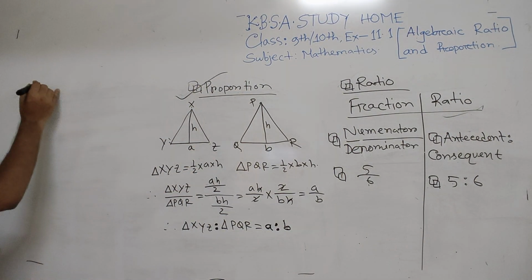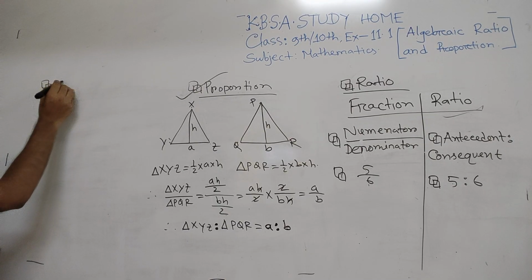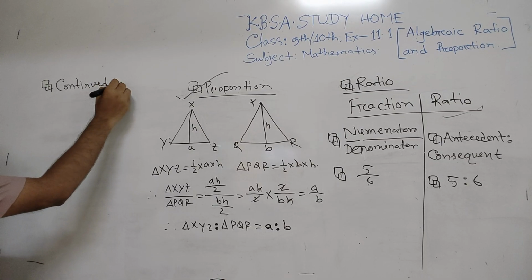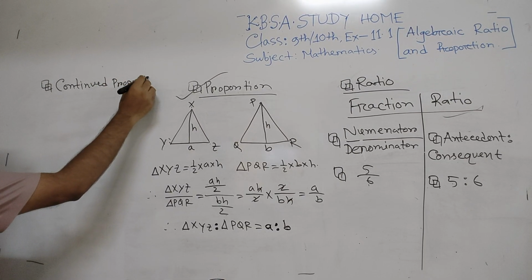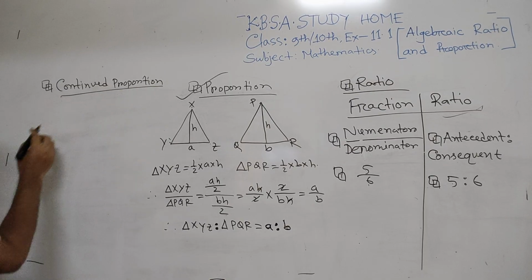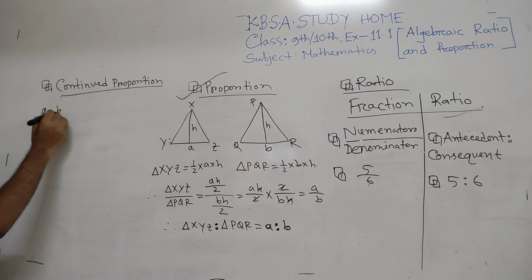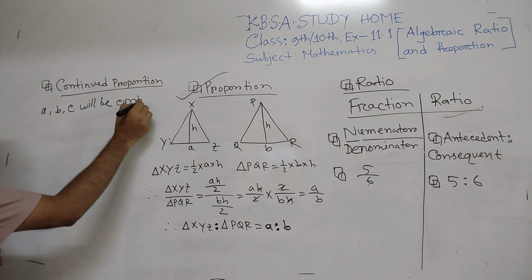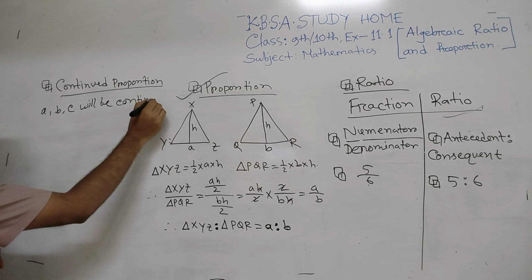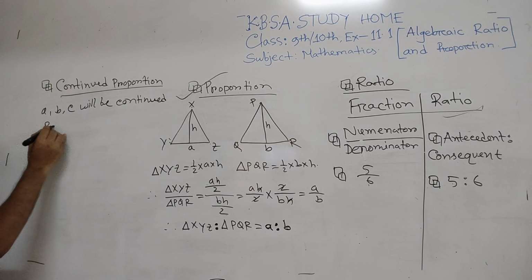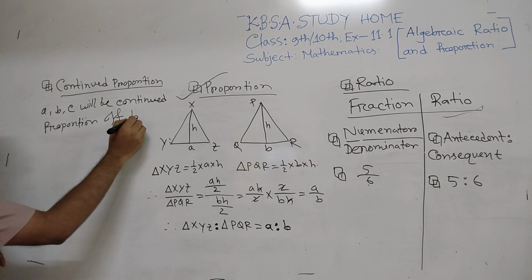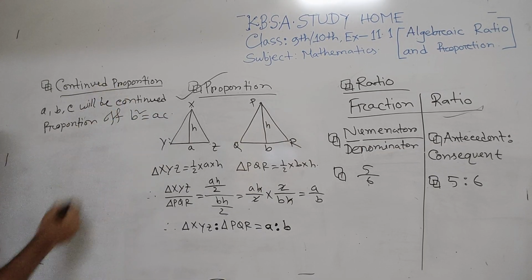Continued proportion. We will learn now continued proportion. A, B, C will be continued proportion if B square is equal to AC.